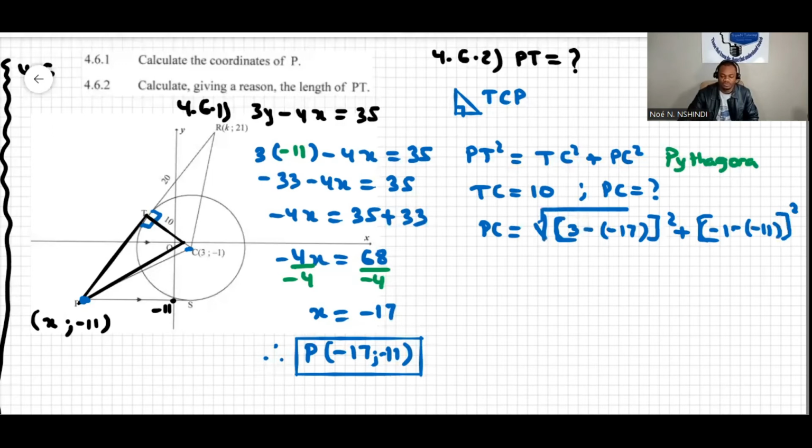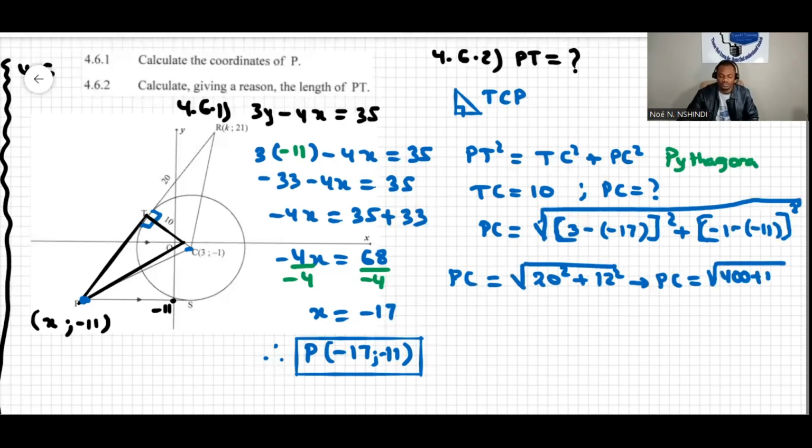Now all in the square root. So PC will be equal to the square root of 20 squared plus 12 squared, and that makes PC equal to the square root of 400 plus 144, so the square root of 544.